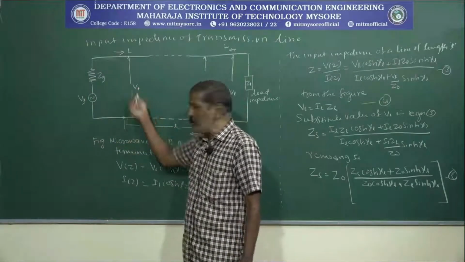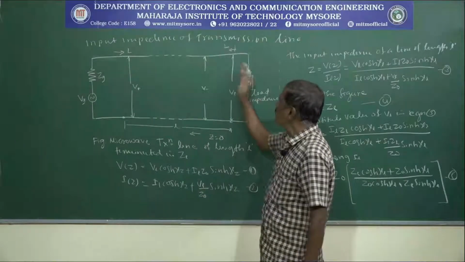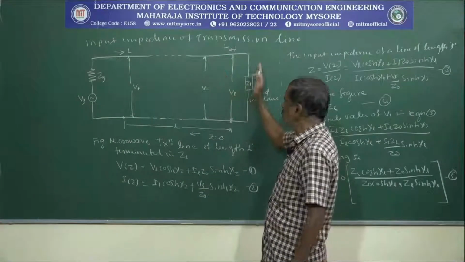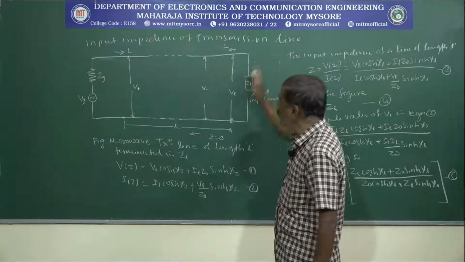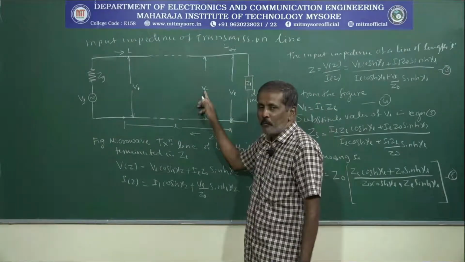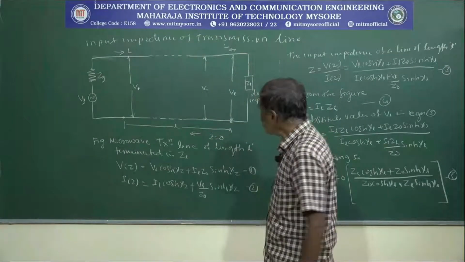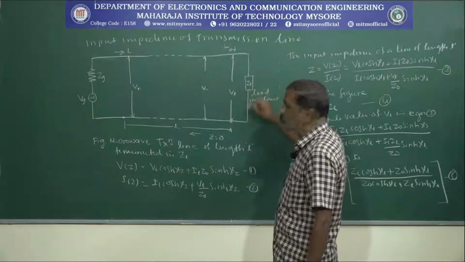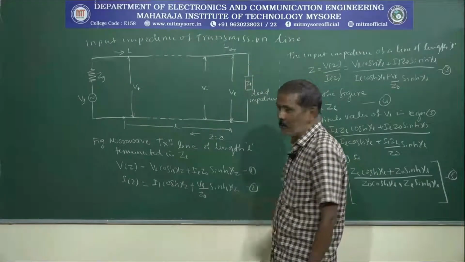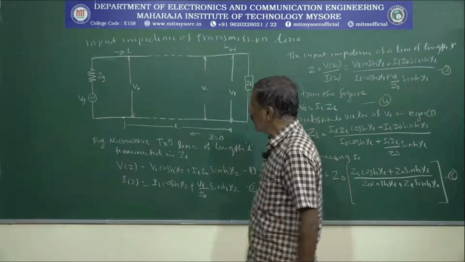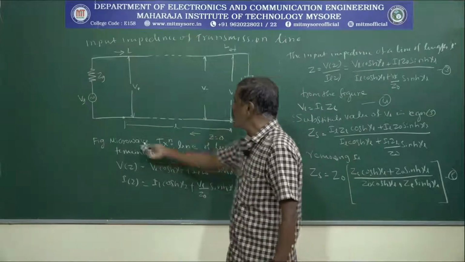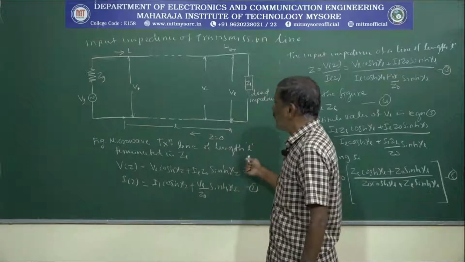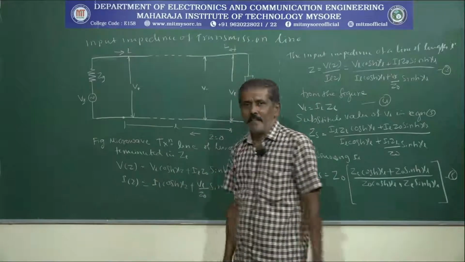The voltage measured at a certain distance from the transmitting end or the sending end is represented by V plus, and the voltage measured at a certain distance from the receiving end, at the load end, is represented as V minus. Whatever voltage you measure across the load is represented by VL. This figure is a microwave transmission line of length L terminated in ZL.